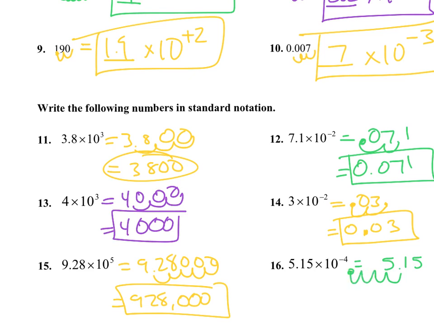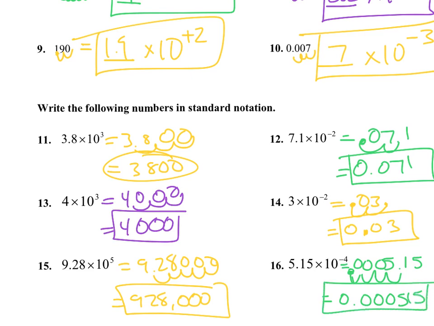Put my decimal and add my zeros if I need to. Get rid of my equal sign there. So 1, 2, 3. 1, 2, 3, 4. Yep. And my final answer is 0.000515. And there you have it.